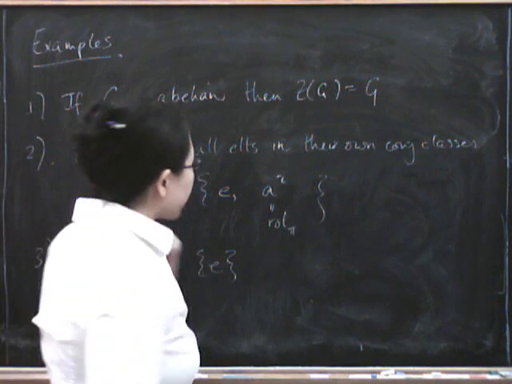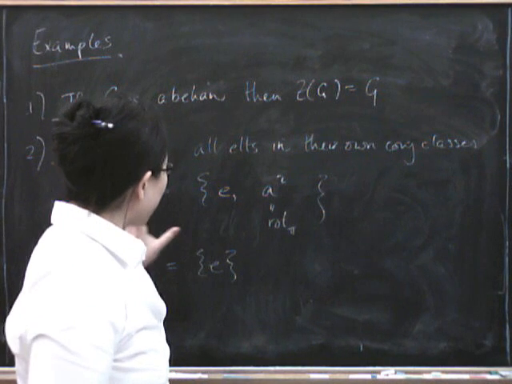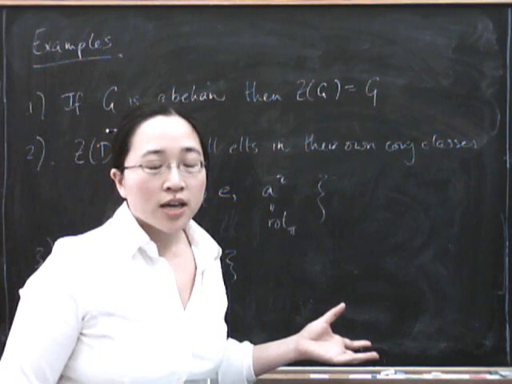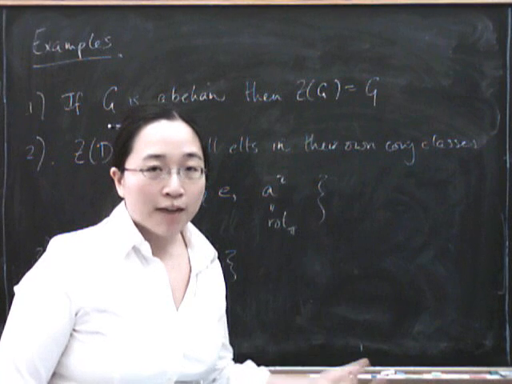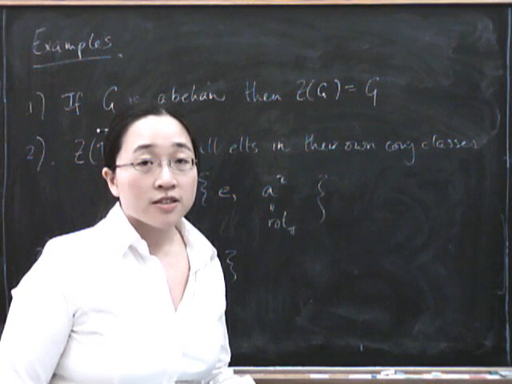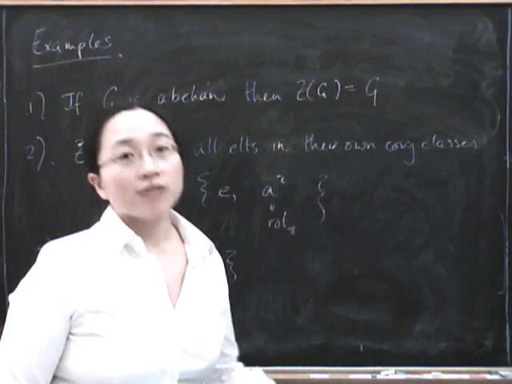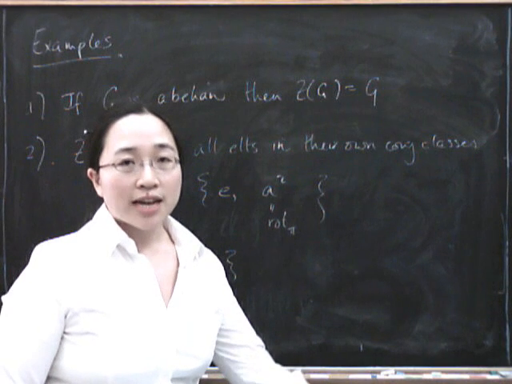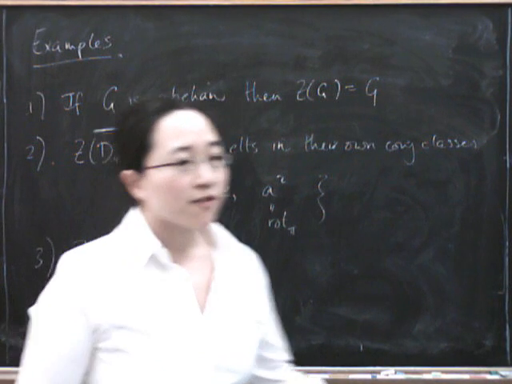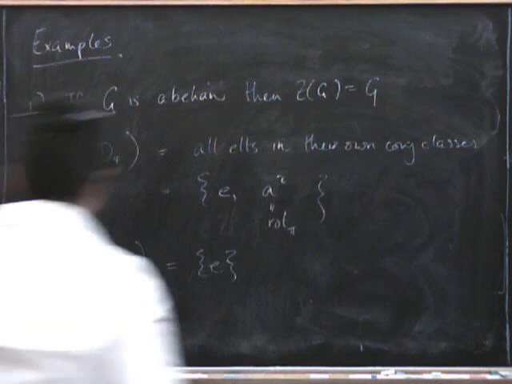So one thing that this tells us is that we can look at the class equation and find out how big the center is, because it consists of all those ones. If there's a 1, that was because an element was in a conjugacy class all by itself, so the ones tell us what the center is.